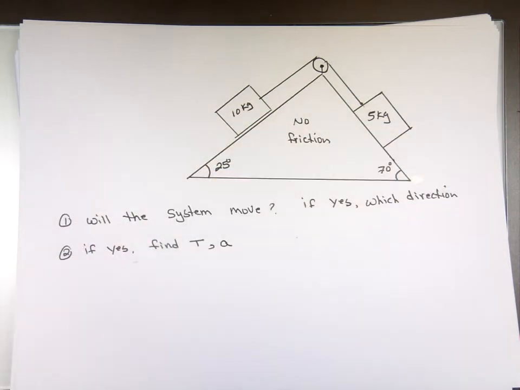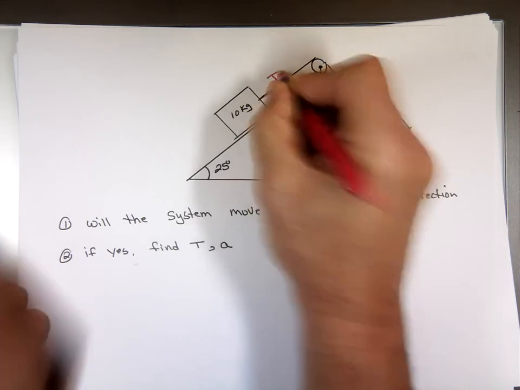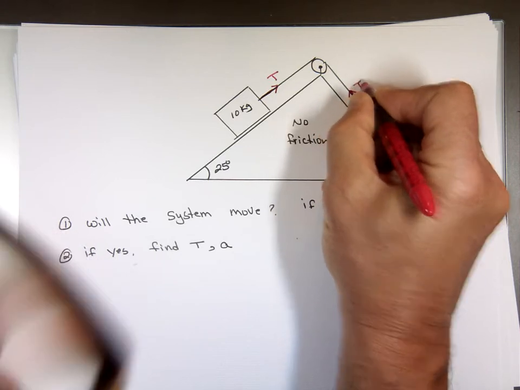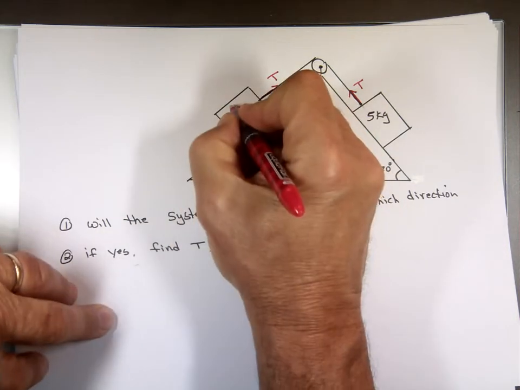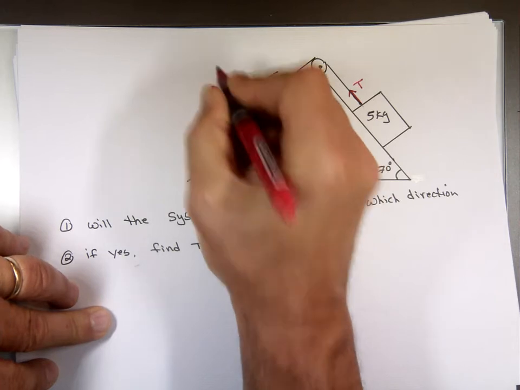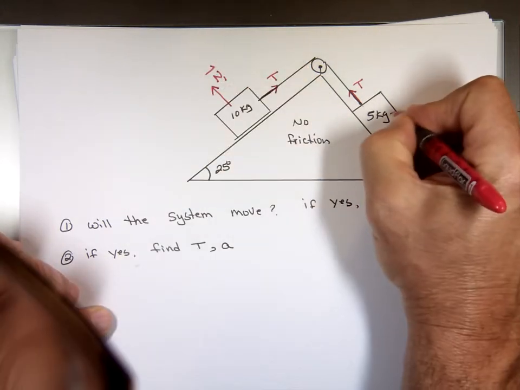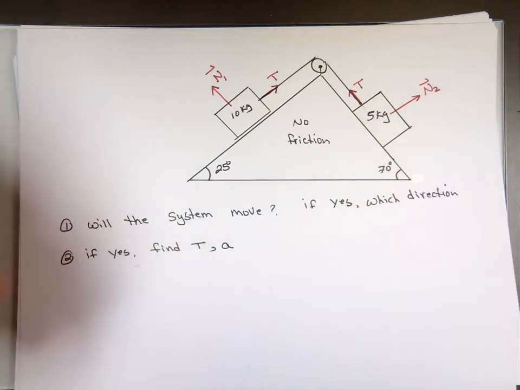Let's list the forces acting on that. We have the tension this way, and that's being canceled with the tension that way. We got the normal force for this one. We'll call it N1, normal 1, because there's 2 of them. And we have the normal force here, N2. What else we got?